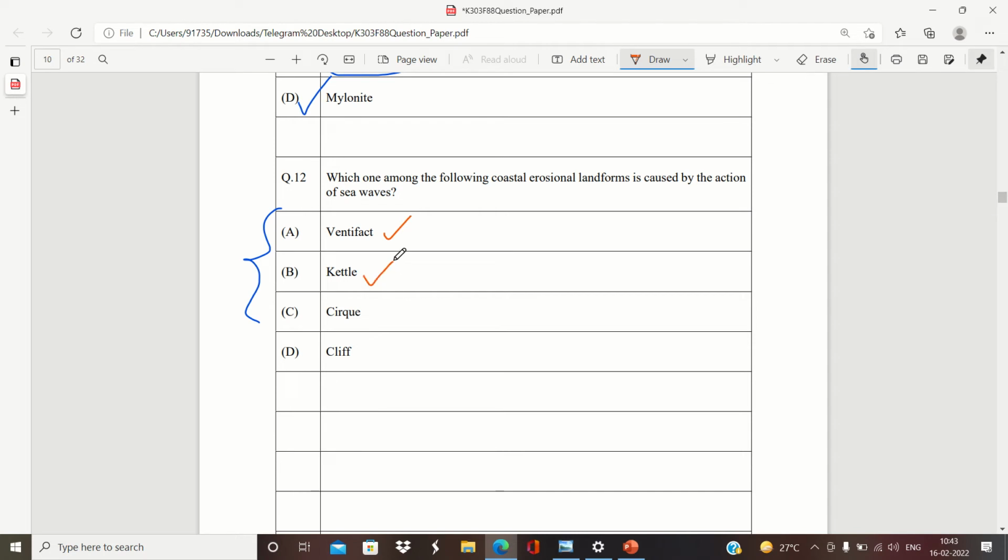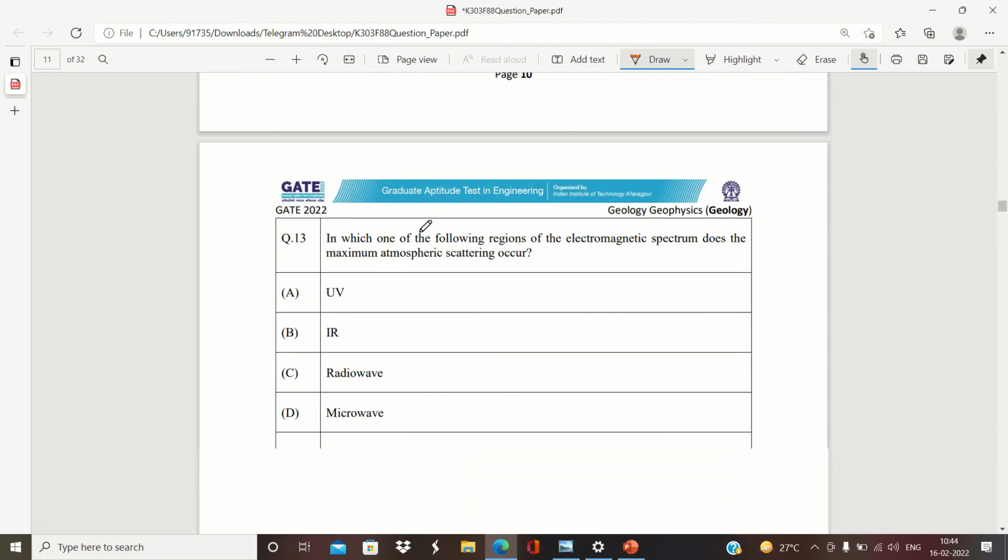Kettle is a lake formed in a glacial environment. Cirque is also a glacial erosional landform, while cliff is found in the coastal region. So simply cliff is our right answer, the fourth option.